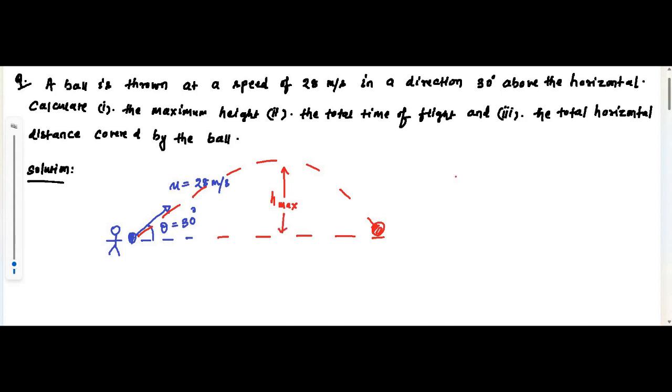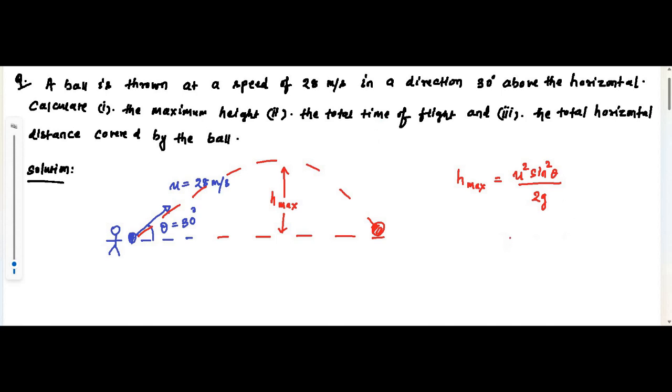The formula for h max, the maximum height, is equal to u square sine square theta by 2g. Nothing has been mentioned about the acceleration due to gravity, so we'll take 9.8 meter per second square.